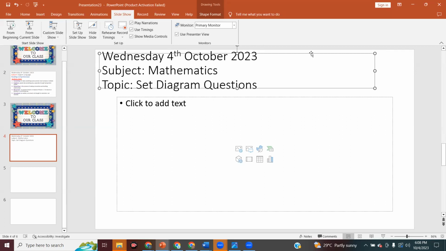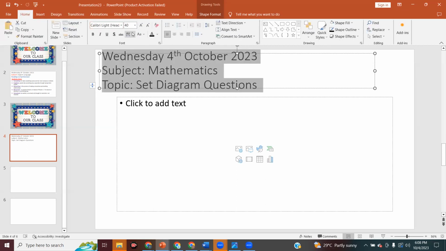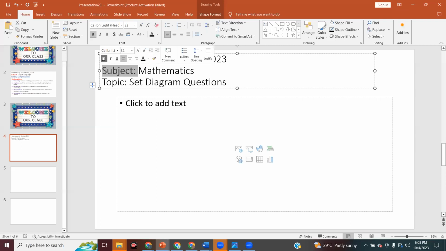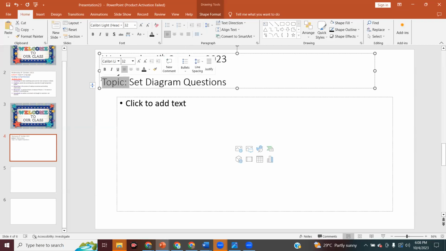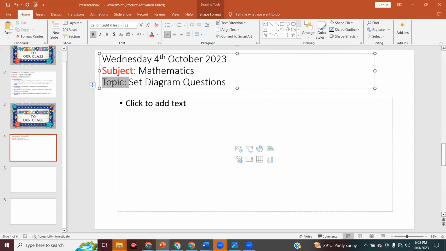So it's going to be nice to see how we can start with the roster form of a set and transform it into a Venn diagram. When I say roster form of a set, what I mean is that you have it listing out. That's roster form.